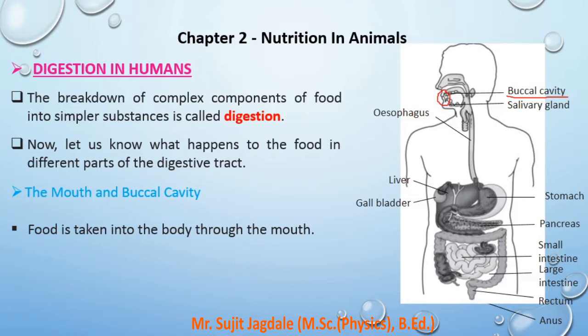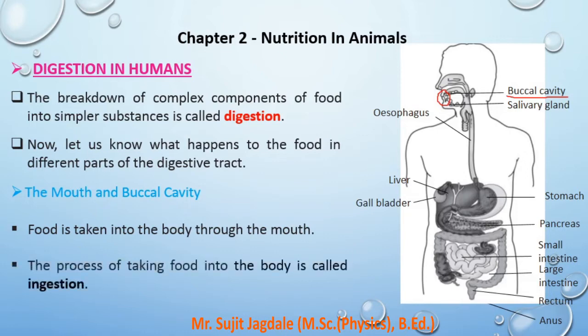Then it enters into the buccal cavity. Now here the process of taking the food into the body is called ingestion. It is taken through the mouth. So it is the first process of digestion in humans.